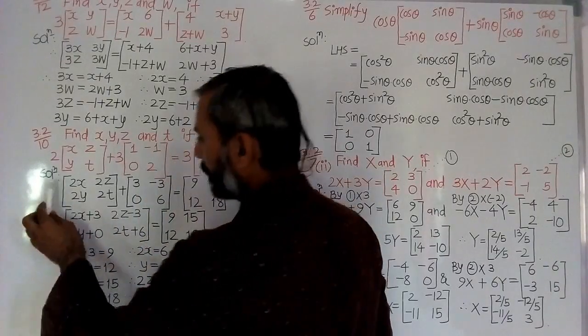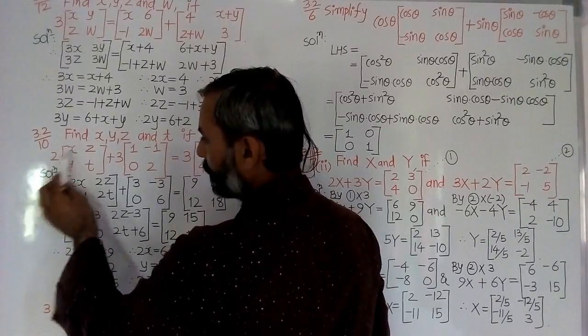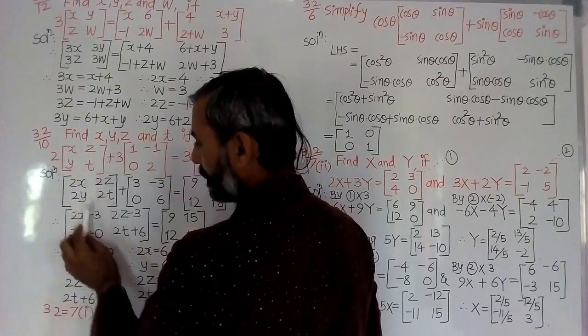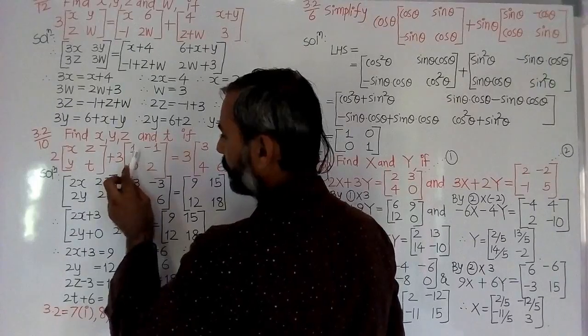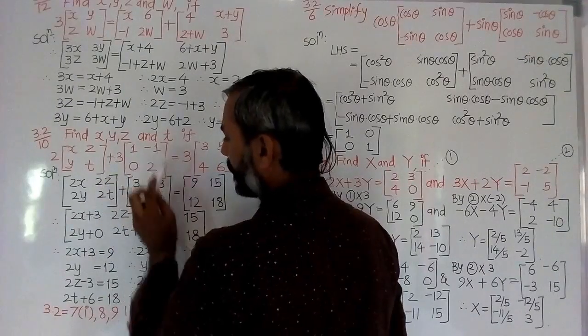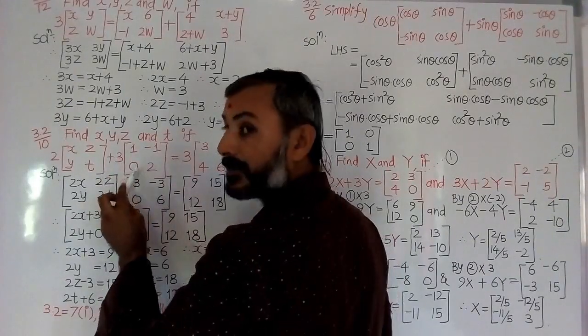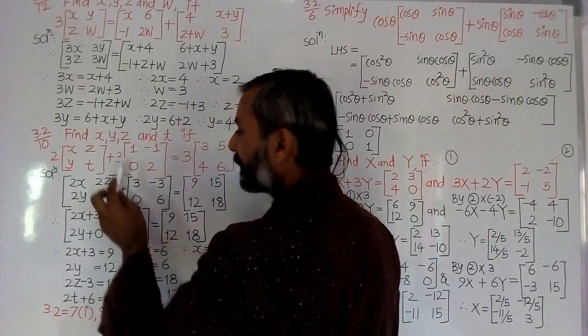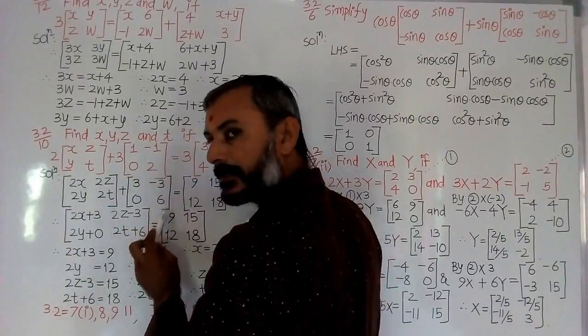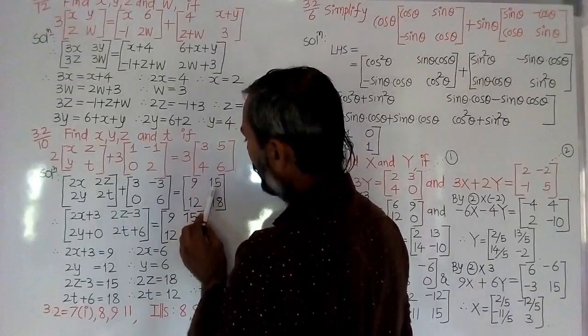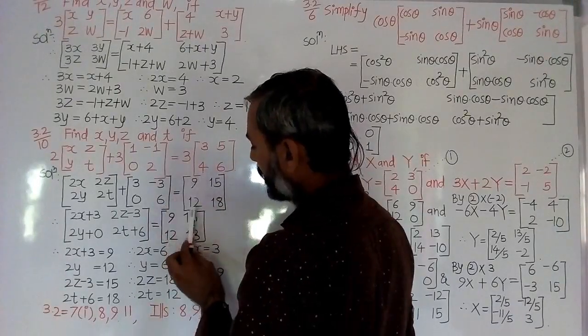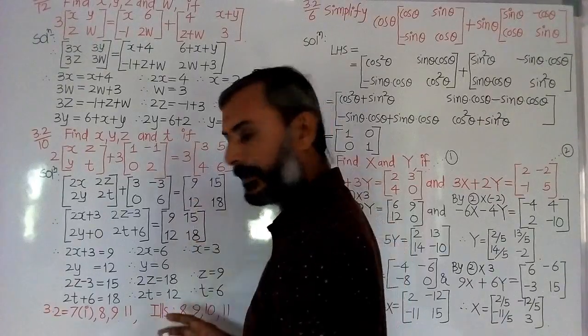Let's see the solution. 2x, 2z, 2y, 2t. Plus 3 into 1 is 3, 3 into minus 1 is minus 3, 3 into 0 is 0, 3 into 2 is 6. 3 3s are 9, 3 5s are 15, 3 4s are 12, 3 6s are 18.